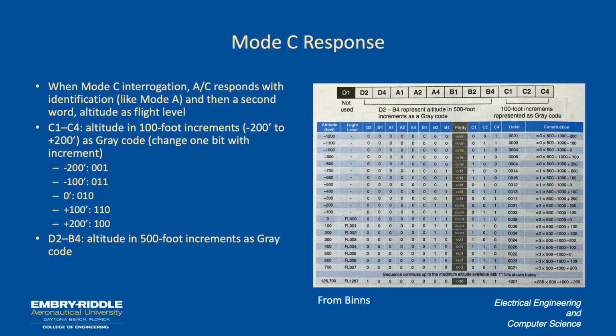And so the overall altitude is encoded as minus 1,000 feet plus this number that's encoded in D2 to B4, times 500 feet, and then C1 to C4 for the 100-foot increment going from minus 200 to 200. It's a little bit complicated, but it's a robust way of encoding that information.